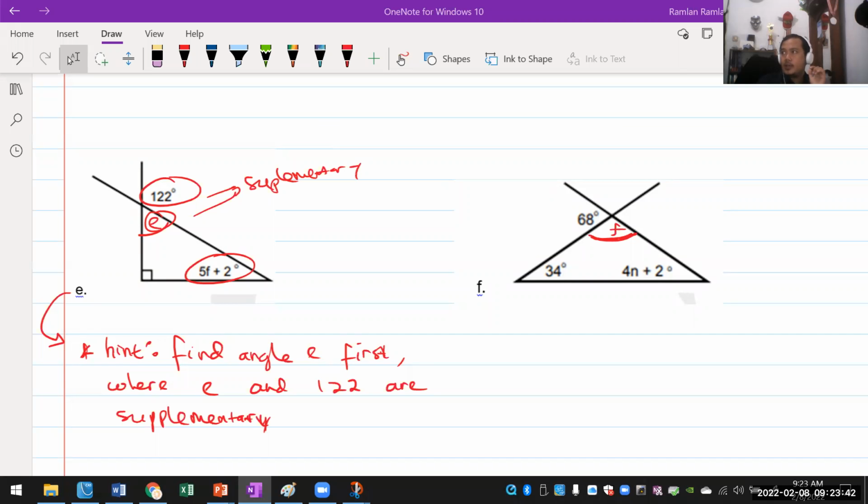Saya buka dulu ya guys. Edmodo. Aduh, edmodo.com. Nah, 7 Wellington.